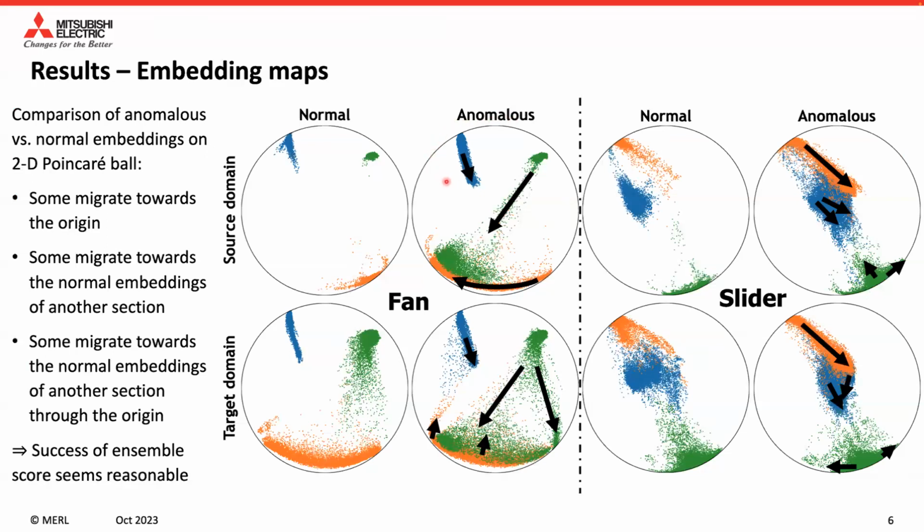First, we see that anomalous embeddings do tend to live closer to the origin than normal ones. And in other cases, we see the embeddings move from their correct class far closer to an incorrect class.